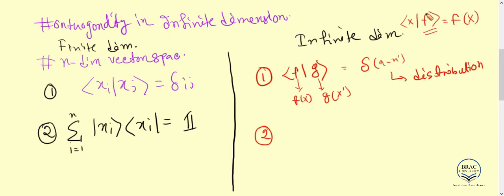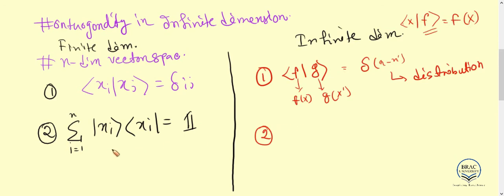So f of x can be written as this, and what is happening over here is that you are taking this abstract vector f, the infinite dimensional vector, and you are projecting it into the coordinate basis. As a result you get this f of x that you are familiar with from your calculus courses.